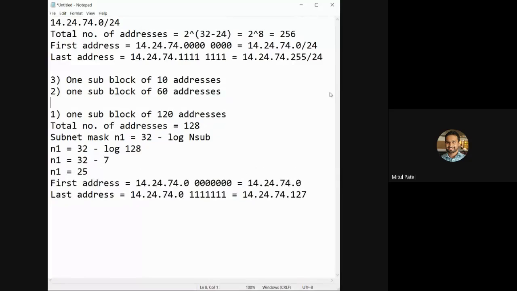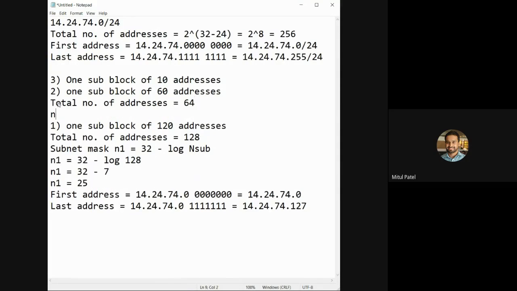The second subblock is of 60 addresses. So the total number of addresses that we need to allot will be 64. The total number of allotted addresses must be a power of 2. So the requirement is 60, still we have to allocate a total of 64 addresses.